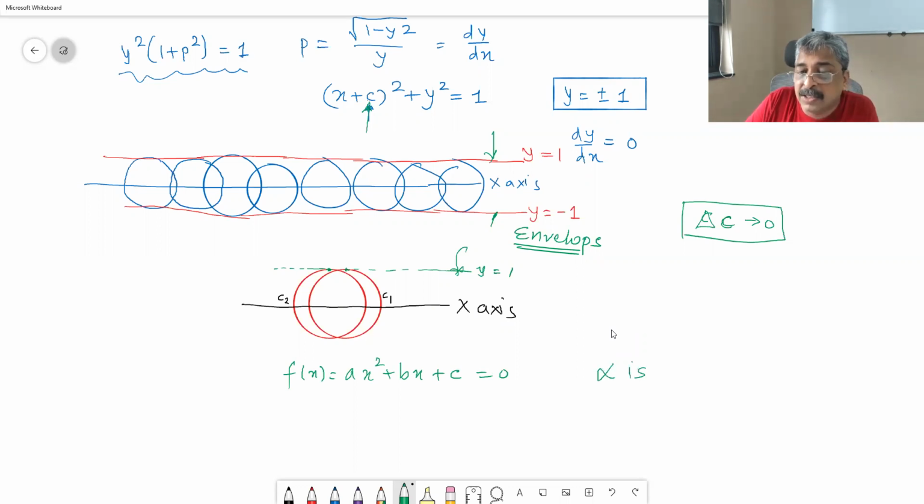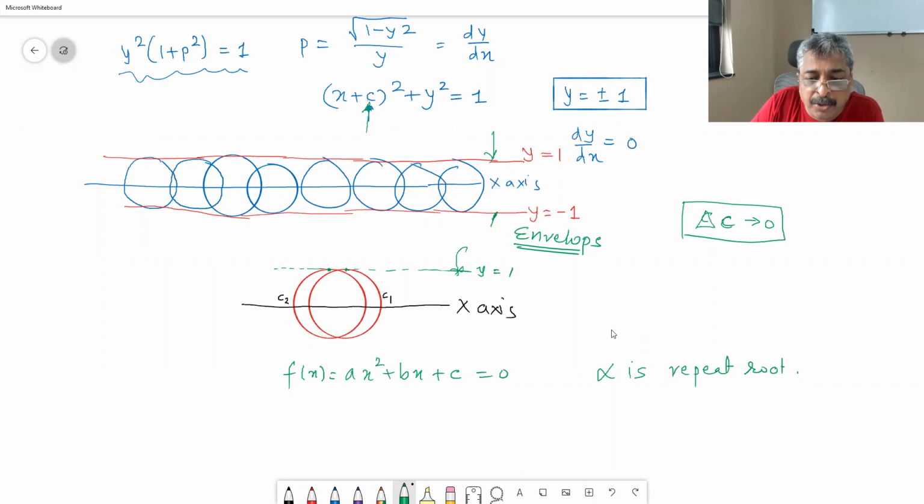Alpha is a repeat root. That means if you substitute alpha in this equation, of course you will end up getting 0. But our theory says that the discriminant of this equation, b square minus 4ac, should be 0, then alpha will be a root one more time. That is what we have done by the method of completing the square, etc. But now we wish to do it by a different method.